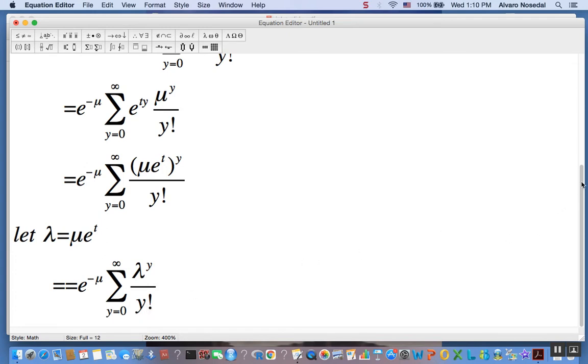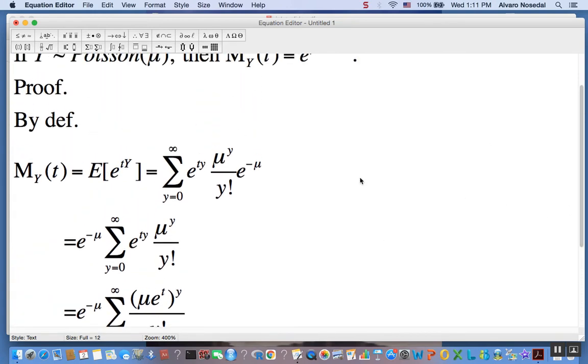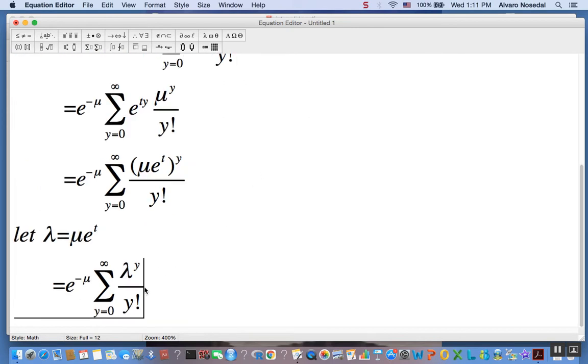That looks almost like the probability mass function of a Poisson, but without the exponential term. If I wanted to have a legit Poisson, I would need e to the negative lambda, that exponential term. But that would be a constant that doesn't depend on y. So I could multiply by that exponential term here, e to the negative lambda.